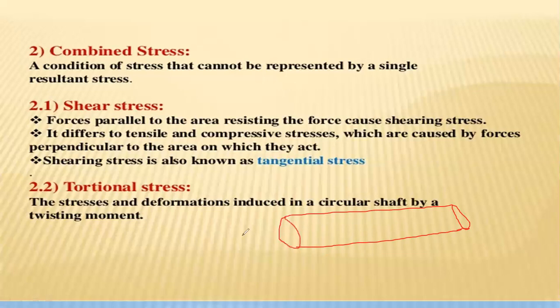On this circular shaft, I'm applying stresses. So the stresses applied on that circular shaft make it twist. The circular shaft should be twisted. That deformation is called a twisting movement.